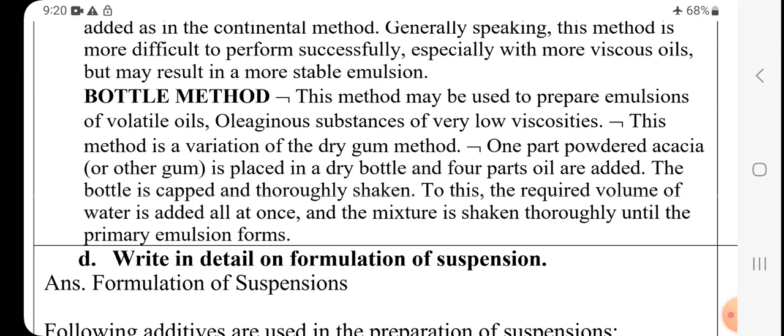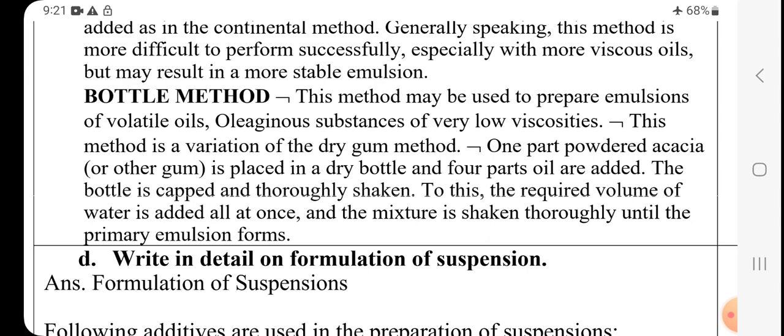So it is a variation of the dry gum method. 1 part of the powdered acacia is placed in a dry bottle, and oil is added to it. Suppose you have taken 1 gram of the dry gum, then 4 ml of the oil is added.